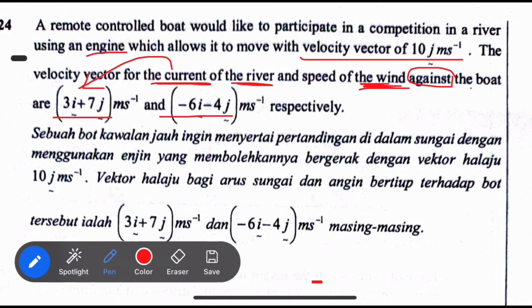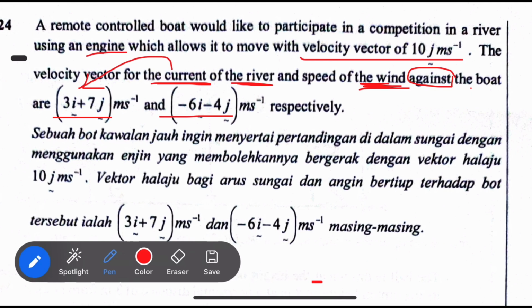So the velocity of the boat engine is 10j meter per second, the velocity for the current is 3i plus 7j, and the velocity for the wind is negative 6i minus 4j, and all these are unit vectors.